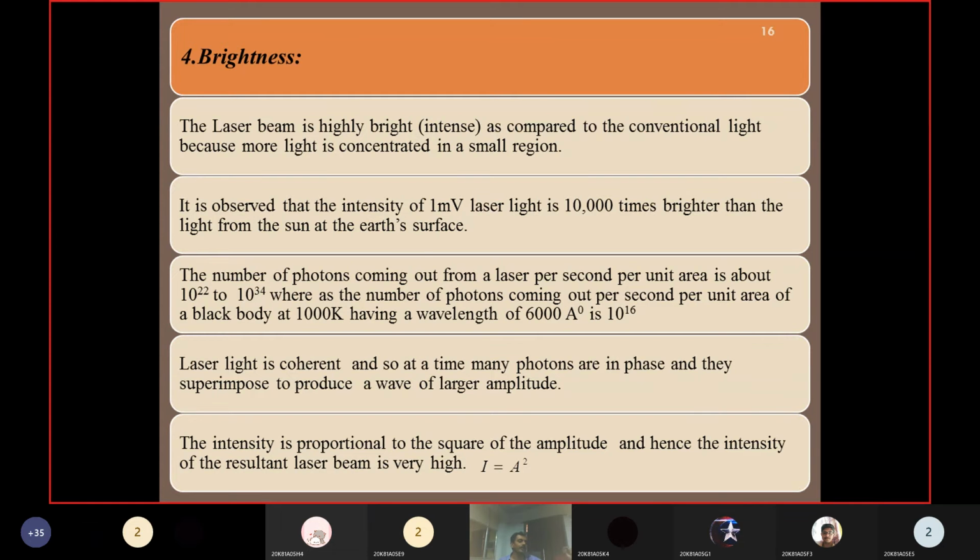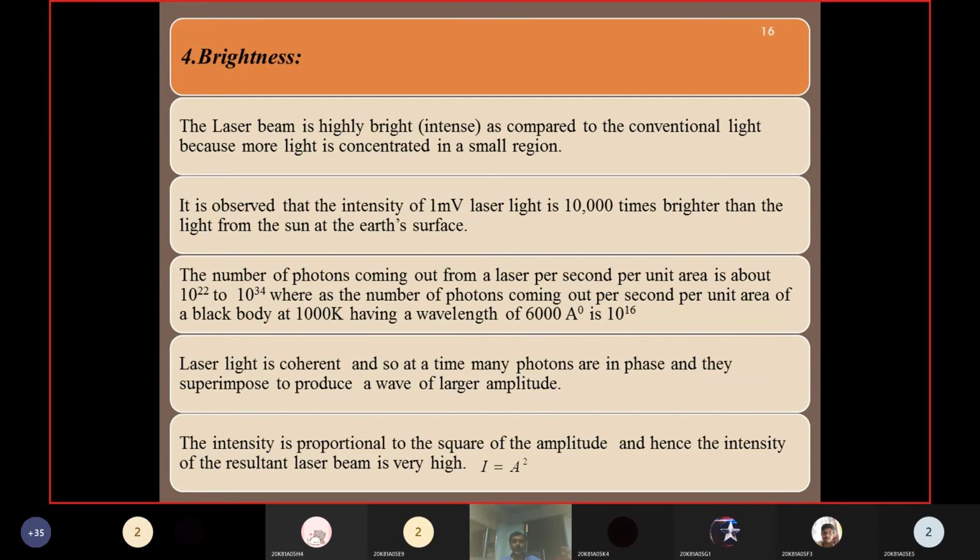If you observe normal light, the intensity will be very less, because in normal lights the light is moving in all directions. But in case of laser light, because of the stimulated emission, all waves are moving in a particular direction.